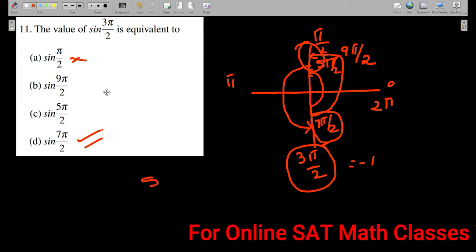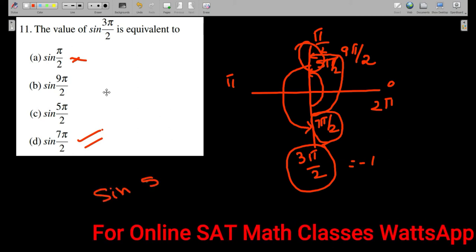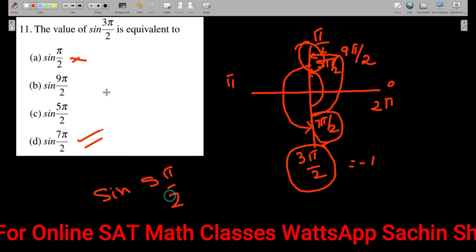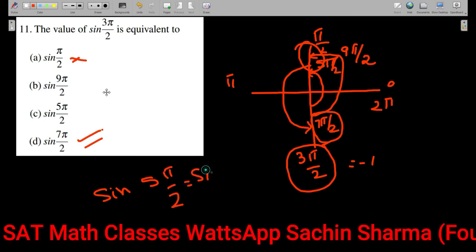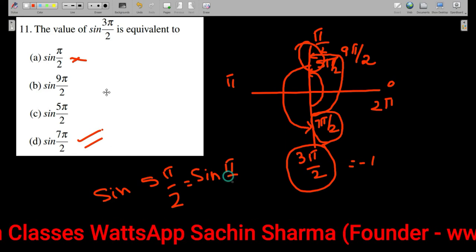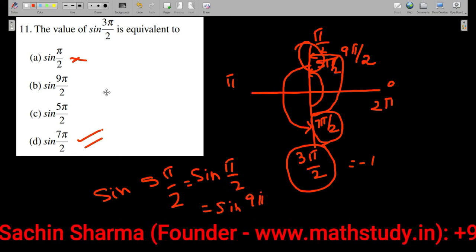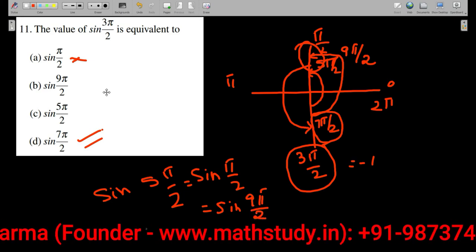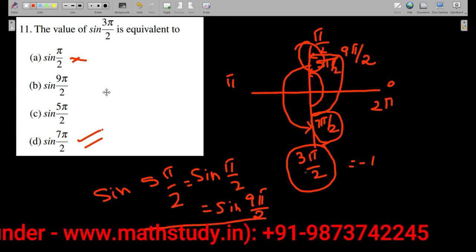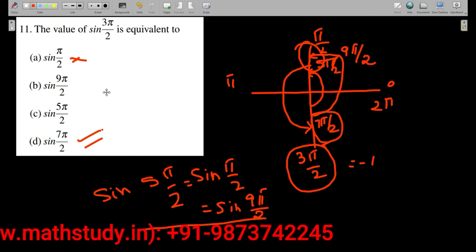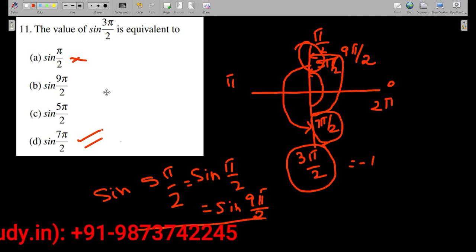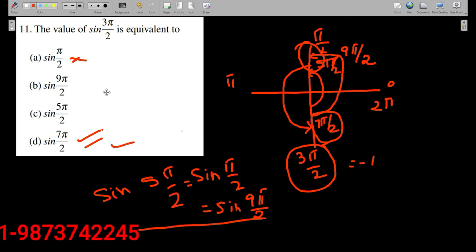So we can just write sine 5 pi by 2 is equivalent to sine pi by 2, which is further equal to sine 9 pi by 2. Okay students, therefore sine 3 pi by 2 is equivalent to basically sine 7 pi by 2. So that is our answer, and that was our question number 11.